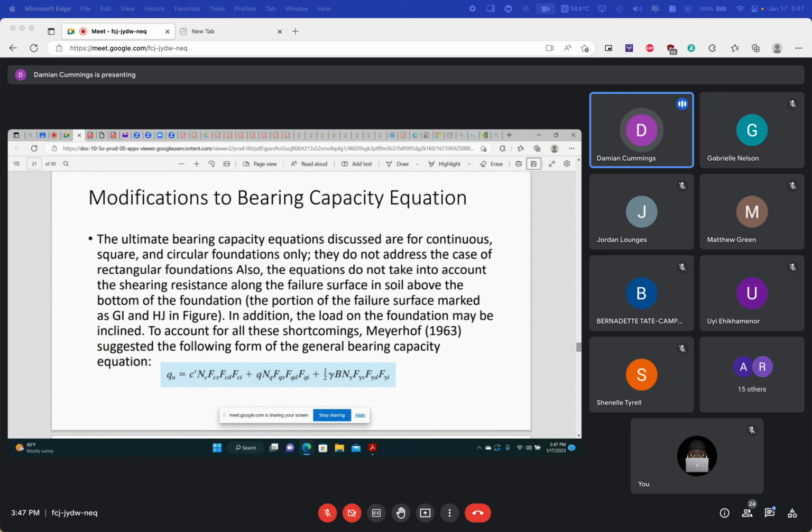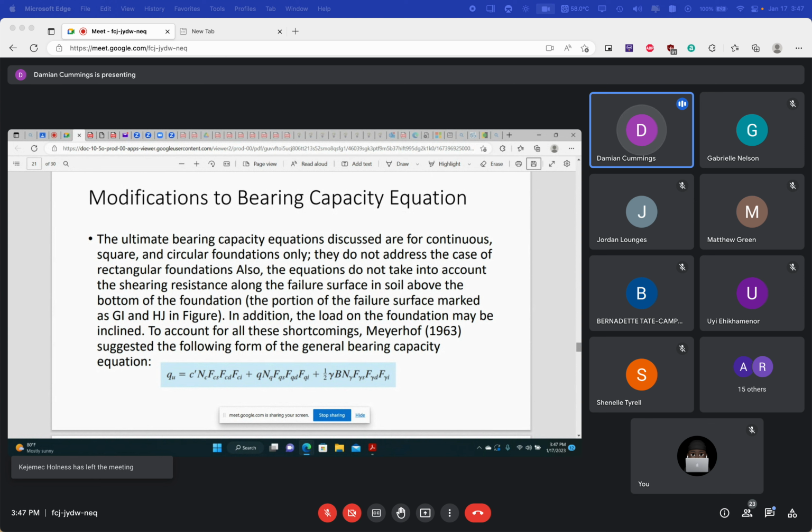In addition, the load and the foundation may be inclined. To account for these shortcomings, Meyerhof in 1963 suggested the following forms of the general bearing capacity equation.